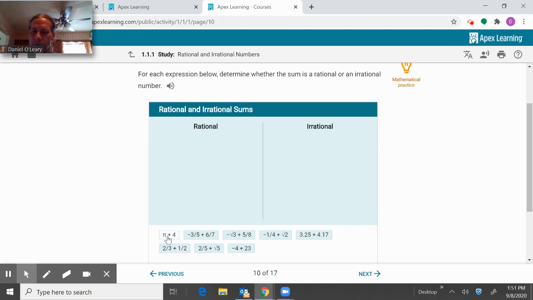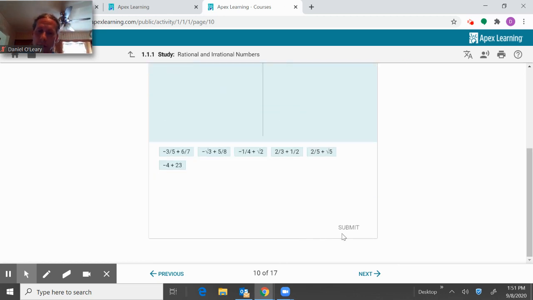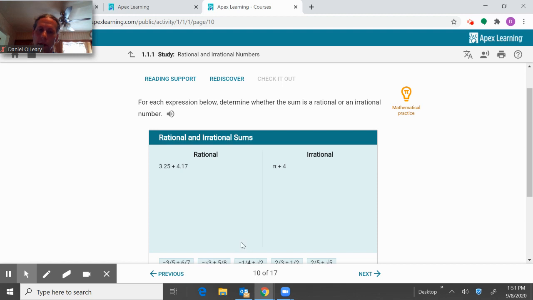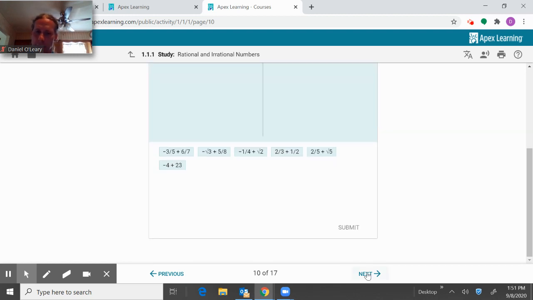When we have an irrational number like pi, we know that the answer has to be irrational. Looking for something rational, two decimals we can easily add and get a rational answer because it wouldn't repeat. And you hear a little bloop. When you finish all those, wherever you think they go, you hit submit, and they'll tell you what's right or wrong. Then you can backtrack if you need to make some corrections there.